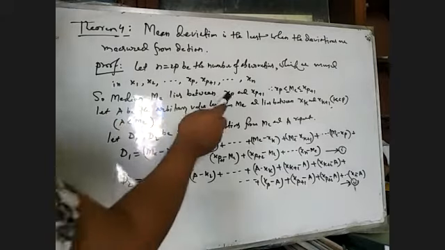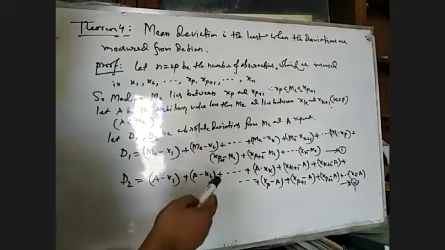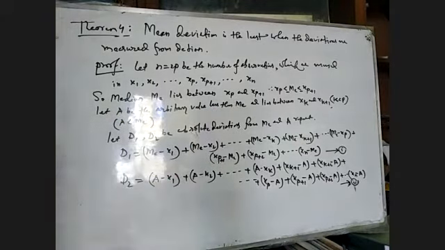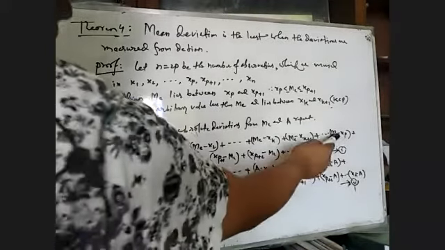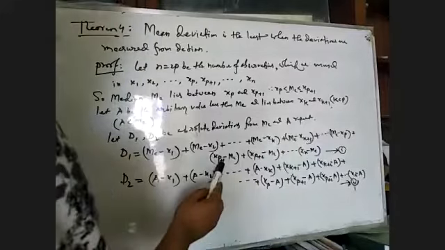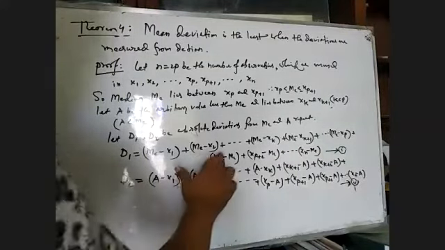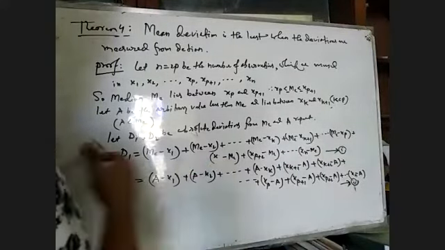Actually, the median lies between xp and xp plus 1. This is why, for the median, me minus xp, but xp plus 1 minus me. Okay, remember it.